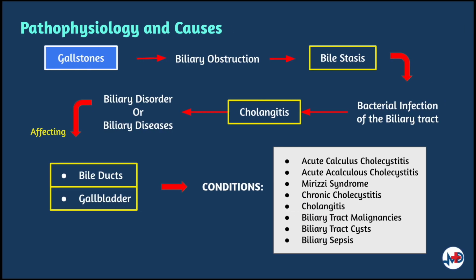So again, biliary diseases refer to diseases affecting the bile ducts, gallbladder, and other structures involved in the production and transportation of bile. These conditions include gallstones, acute calculous cholecystitis, acute acalculous cholecystitis, Mirizzi syndrome, chronic cholecystitis, cholangitis, biliary tract malignancies, biliary tract cyst, and many others.